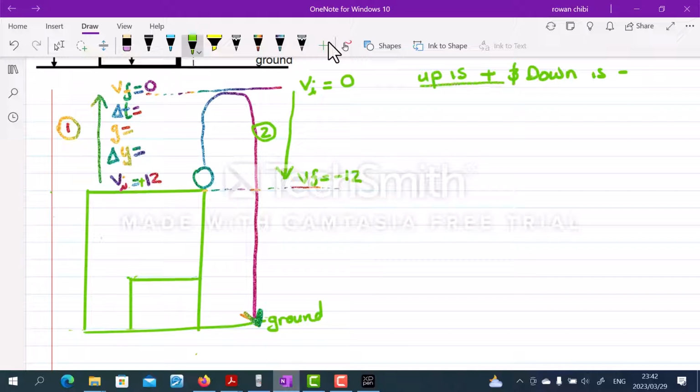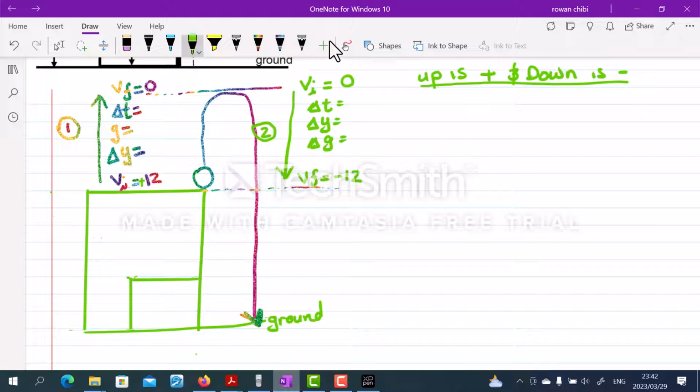You must keep this in mind as a direction. So when the ball is going up, the initial velocity is positive 12, and the final velocity is 0. But when the ball is going down, the final velocity at this point on section 2 is negative. We don't know the time it takes, we don't know the displacement, we do know g. I will explain g later on.